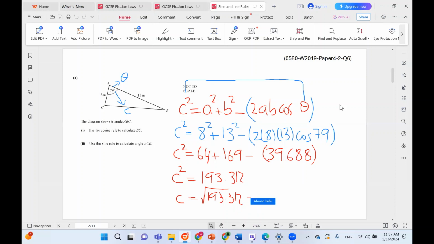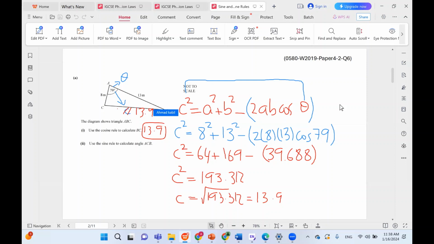And again, use your calculator. So root of 193.312 gives us 13.9. And this is the answer to c. So c is now 13.9. We can write it on the triangle as well. So instead of c here, I'm just going to write 13.9.